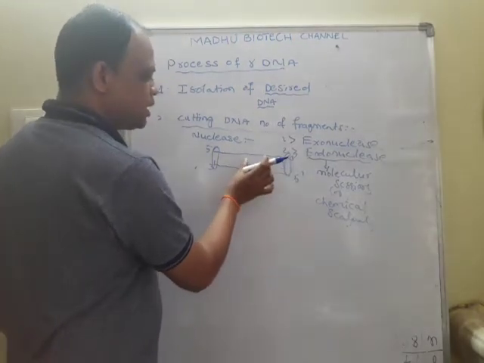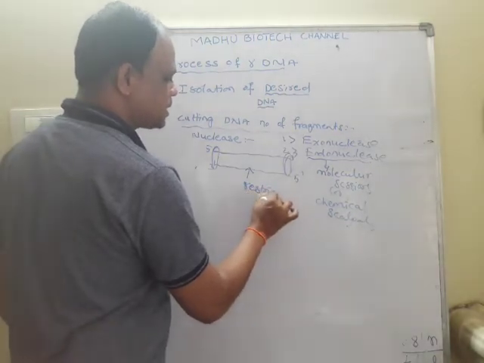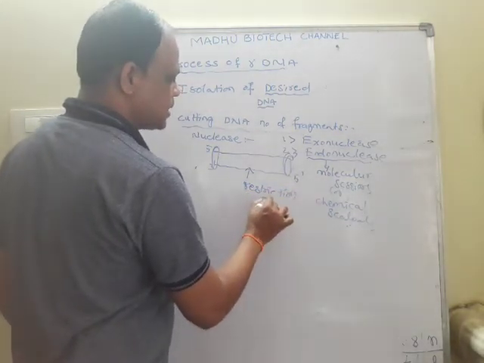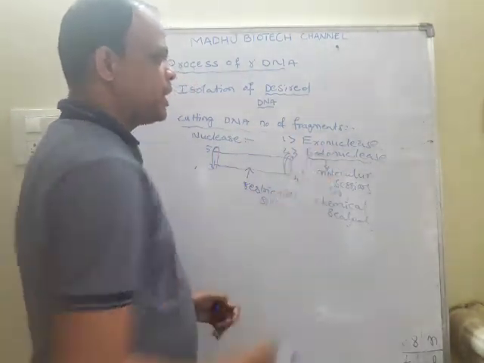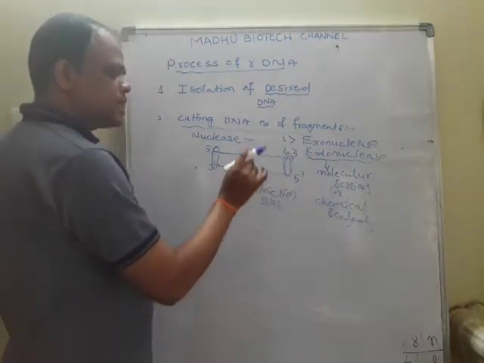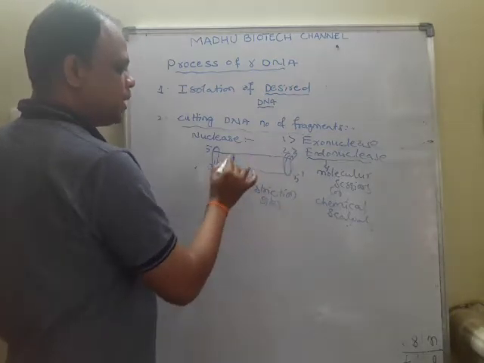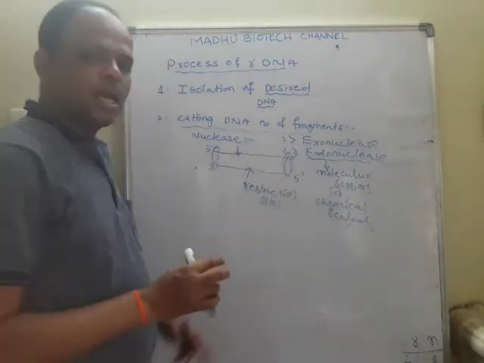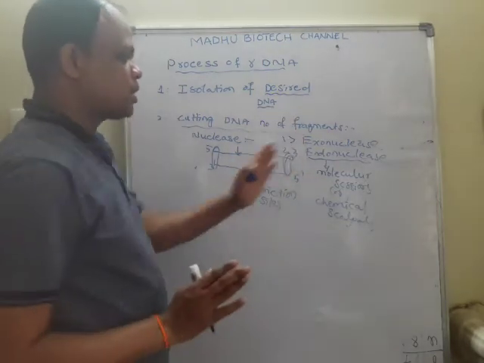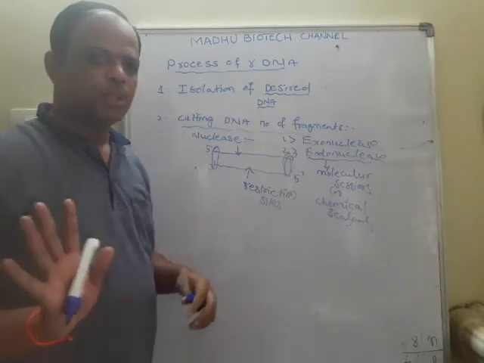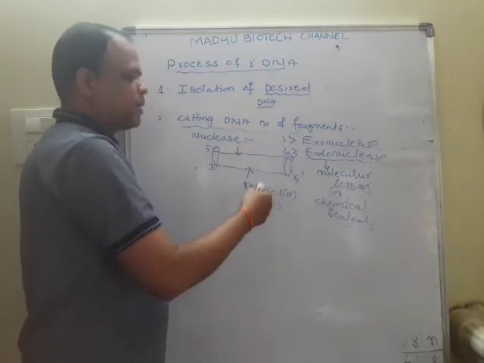So what is the main function of restriction endonucleases? These enzymes inspect the whole length of the DNA fragment, recognize the specific locations and cut the fragments. This is the main function of endonucleases, used for cleaving the fragments.